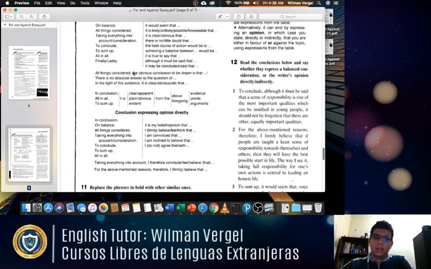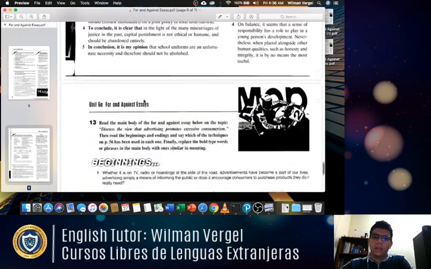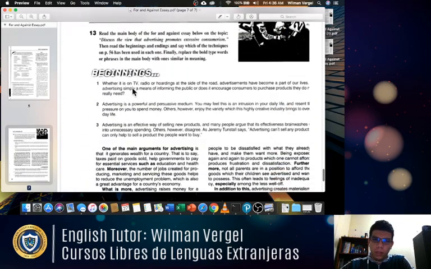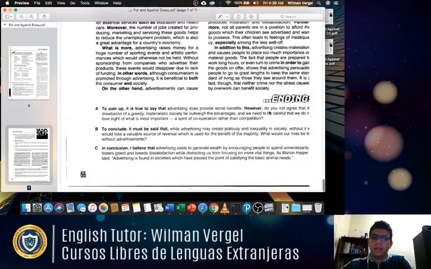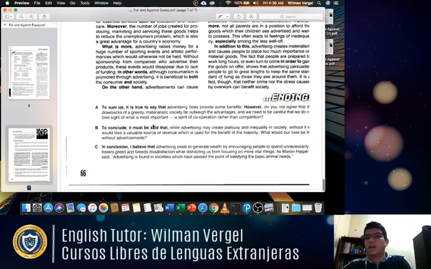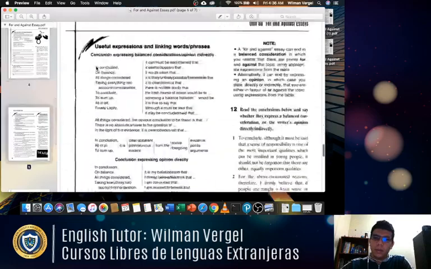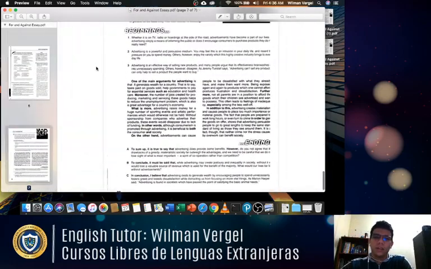Look at this right here, useful expressions and linking words. There is a how to begin and how to end the essay, because I know that sometimes students are like, how should I start or how can I end? As you can see, this is a great material that I'm sharing with you, so take advantage.